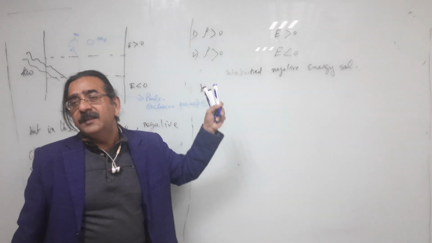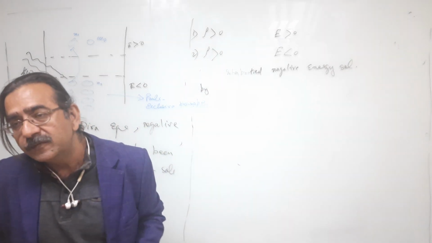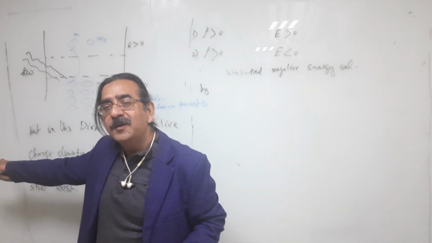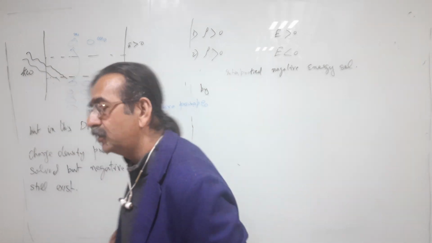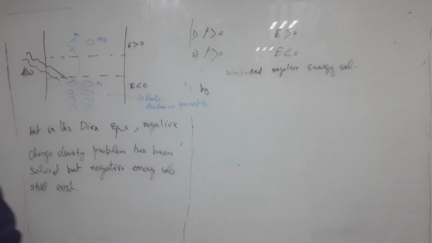Rho will be positive. He solved the problem of the charge density. That will be positive. But energy may be positive or negative. So he explained the meaning of the negative energy. Here charge density is positive, but the negative energy still exists.